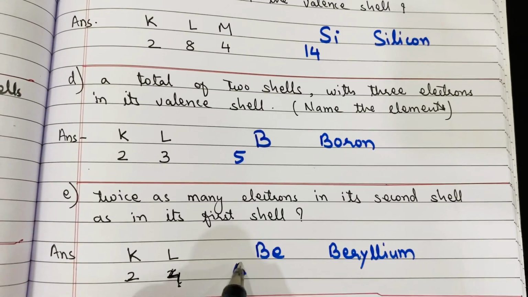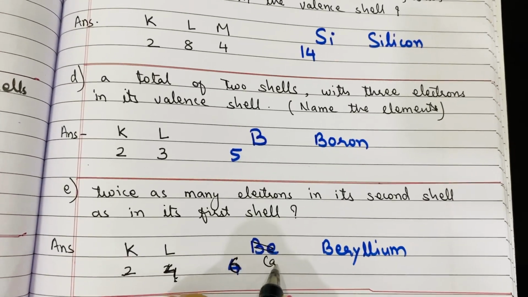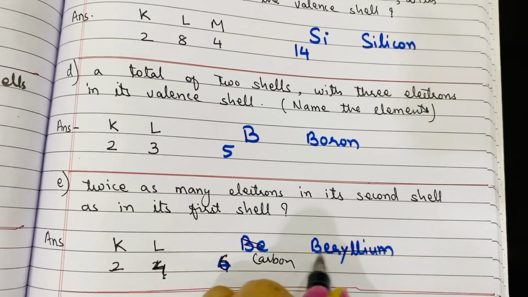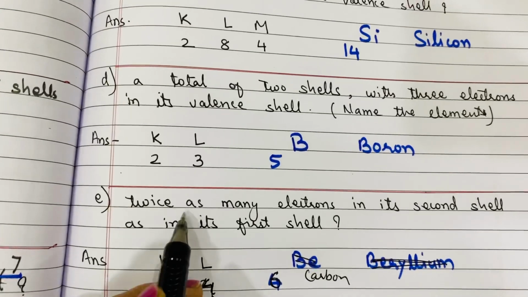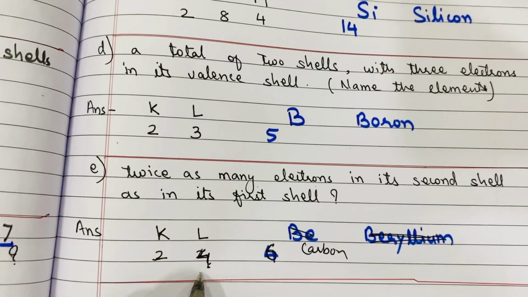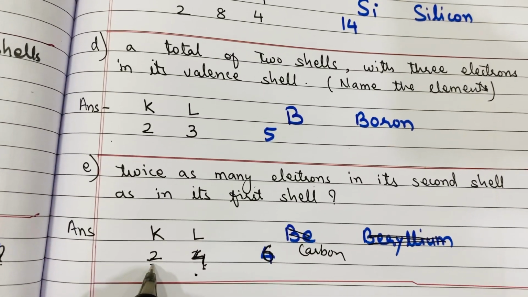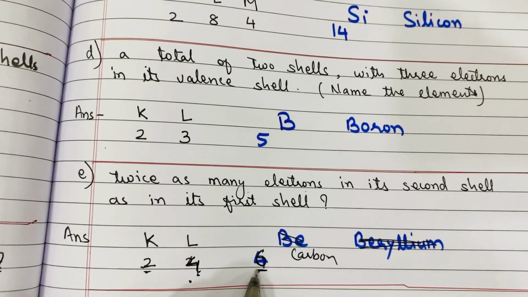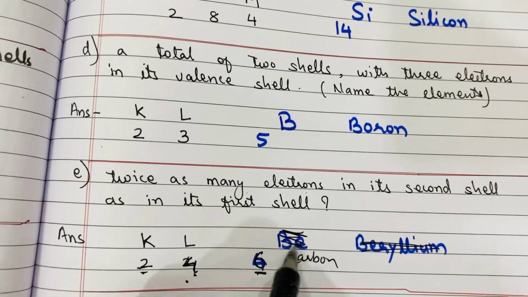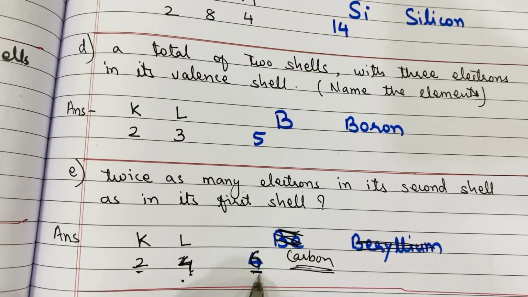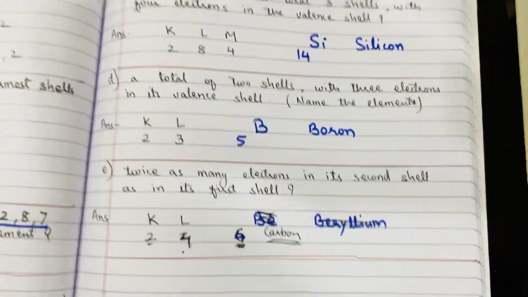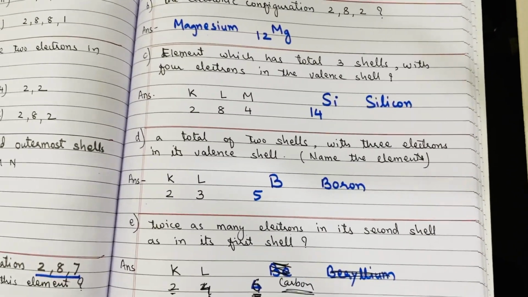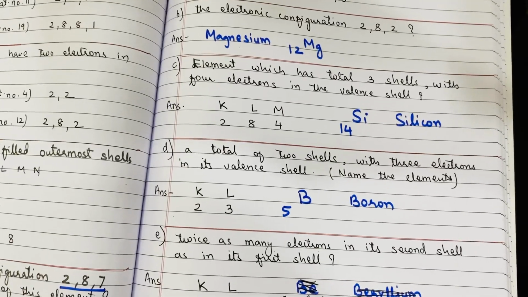Atomic number is 6 and the element is carbon. So twice as many electrons means the L shell has 4 electrons and the K shell has 2 electrons. So the total is 6 electrons, and that's why the answer is carbon, having atomic number 6. Such questions are asked in the exam, so you should know the atomic number of each element.